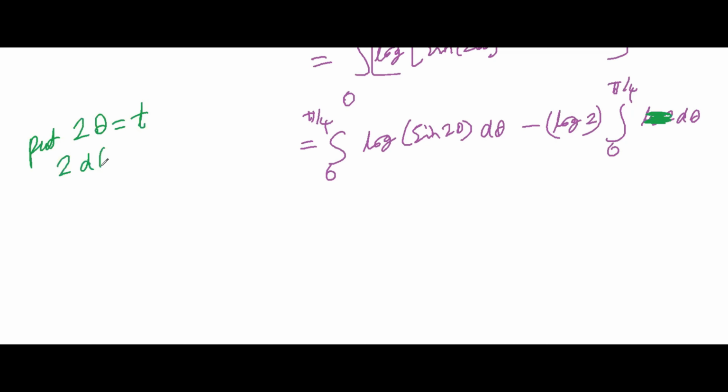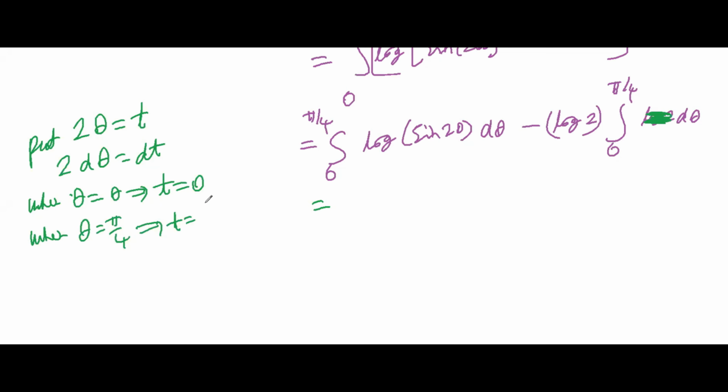So 2 d theta is equal to dt. With this, what happens? Okay, I need to change the limit also. So when theta is equal to 0, t will be 0, and when theta is pi by 4, t will be pi by 2. So I'm changing here, so it will be 0 to pi by 2.